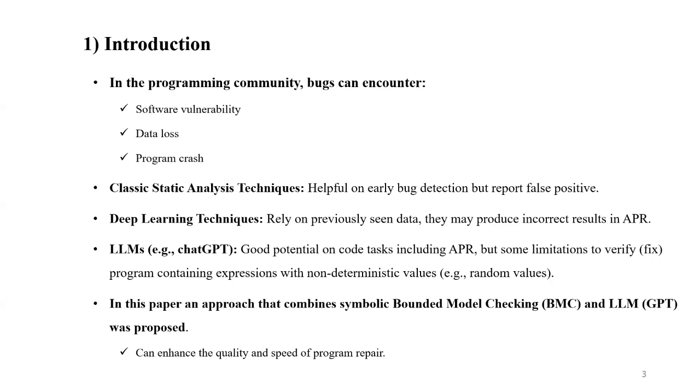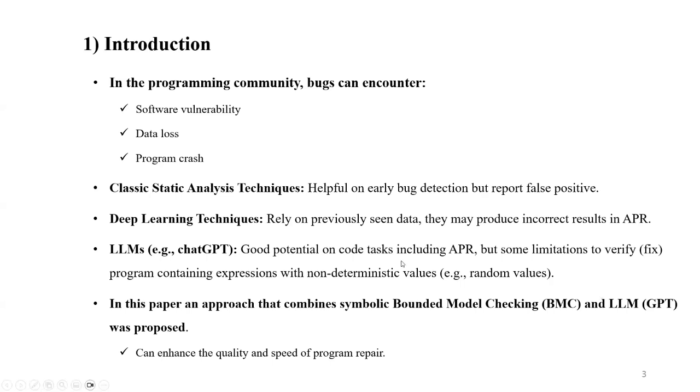The state-of-the-art, recently ongoing deep learning techniques are also good for this task, but as we know, deep learning is dependent on previously seen data, so there may be some incorrect results in the case of APR, automatic program repair. Among the deep learning state-of-the-art models, LLMs are very actively researched topics. From those LLMs, ChatGPT is very well known and a recently active chatbot.